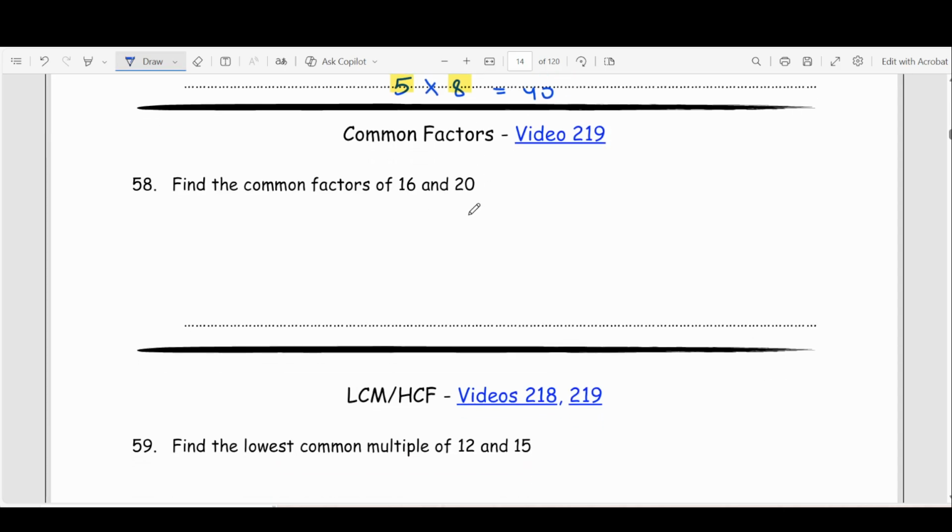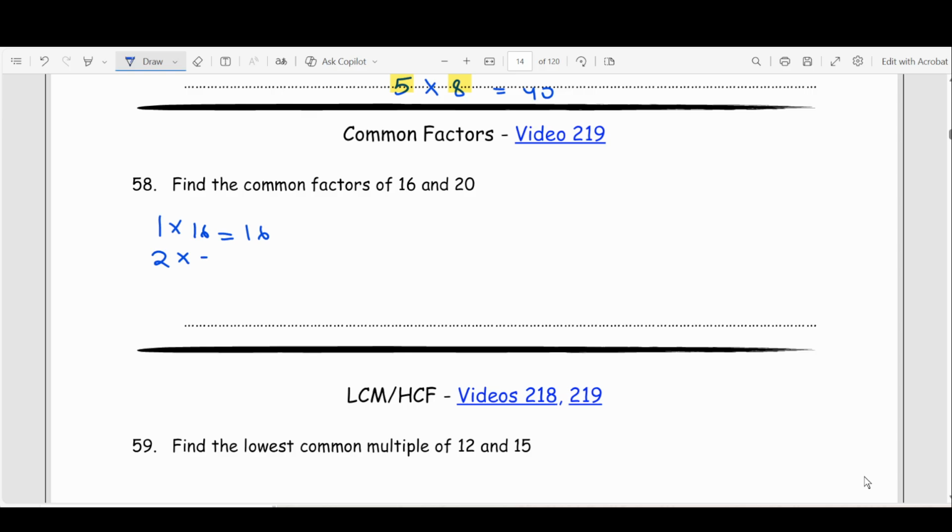Now let's find the common factors of 16 and 20. So first we need to write the factors of 16 and then 20, and then you need to figure out which factors you can see in both of them. Okay. So first let's write the factors of 16. So 1 times 16 is 16, and 2 times what? 8.